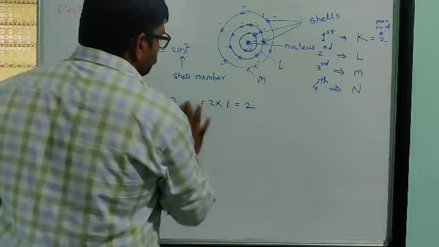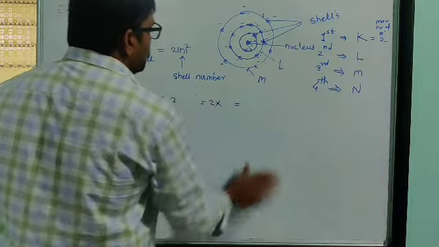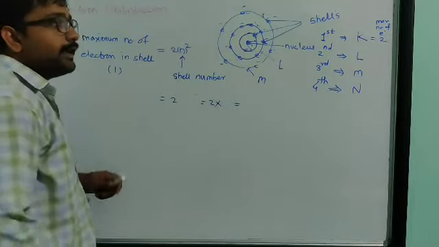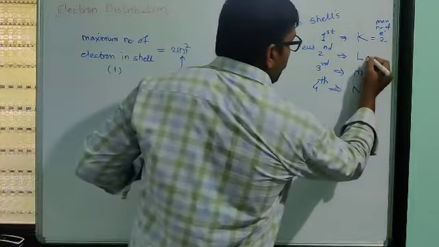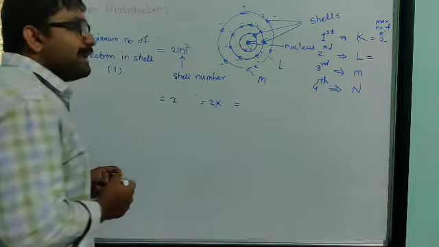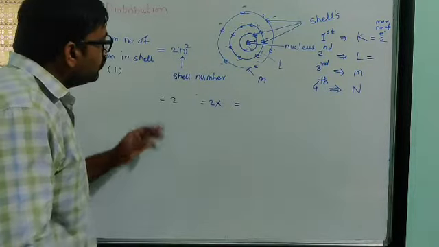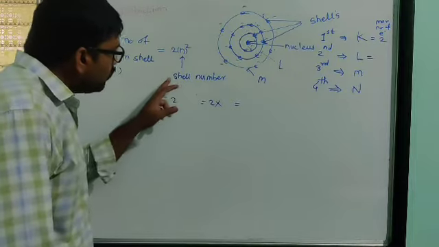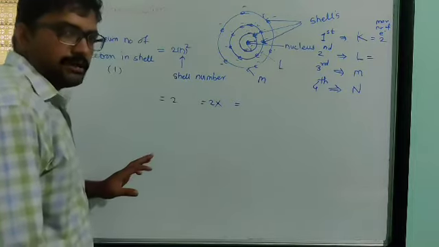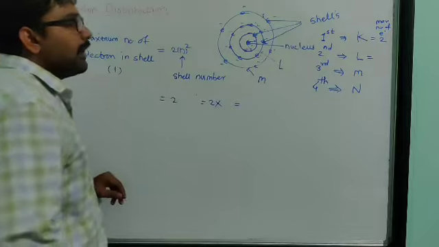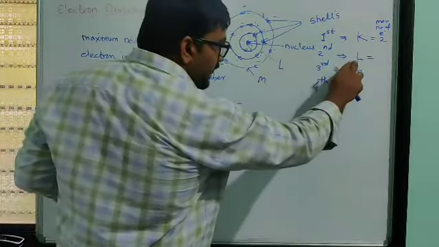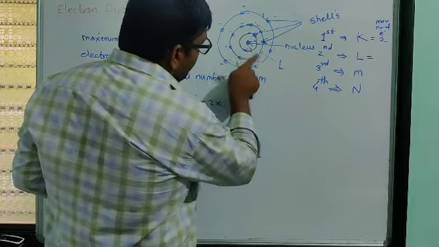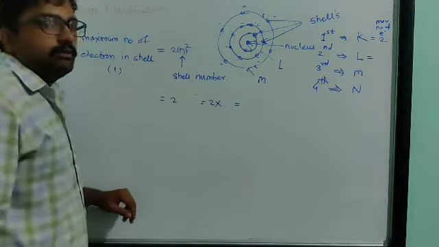The formula is 2n square. Now we have to find how many maximum electrons can stay in the L shell. Here n is the shell number. The shell number of L is 2, because it is at the second position from the nucleus.